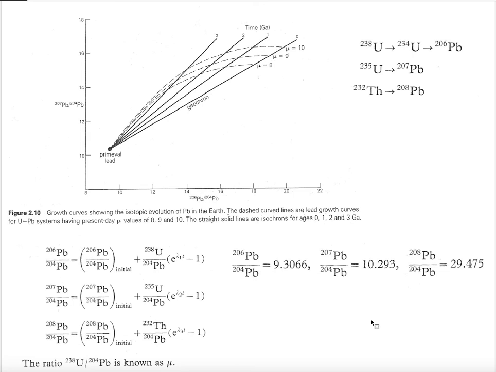And then you have the different geochrons at time 0, then 1 billion years ago, 2 billion years ago, 3 billion years ago, and you have the different mu ratios from uranium-238 to 204, and this can be used for uranium-lead dating.